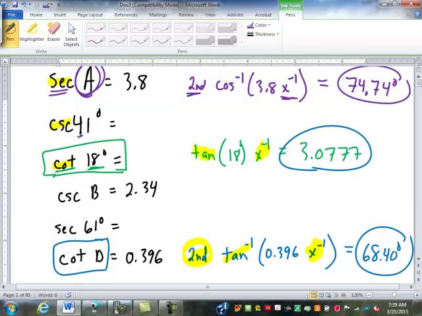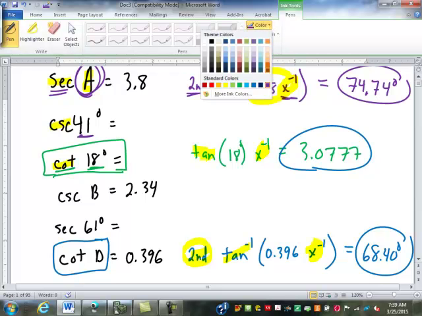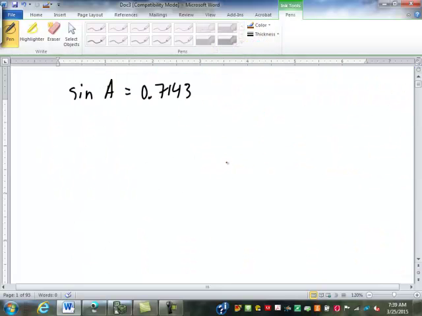If we have the angle, the x-1 goes on the outside. Here, let me make a little note here for you. If you have the angle, there's two things.